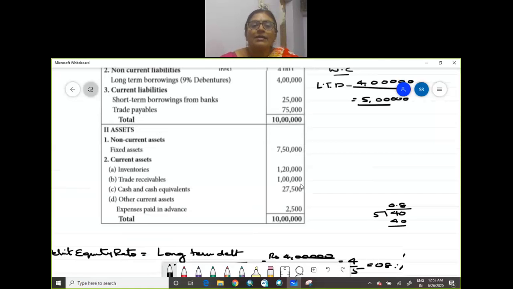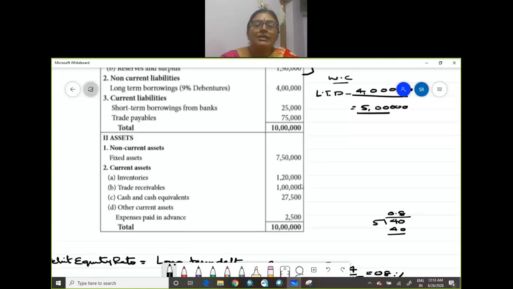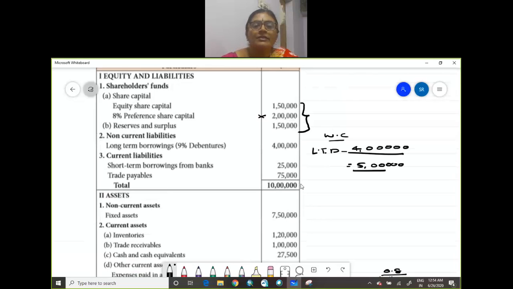I can just mark here. Preference share capital, you're going to get fixed dividend. Here you're going to get fixed interest. So for the numerator you'll have 2 lakhs plus your 4 lakhs, so that comes to rupees 6 lakhs.